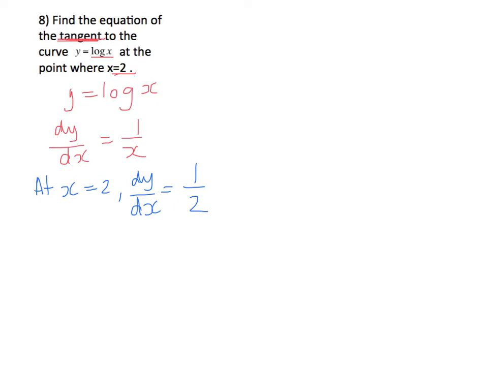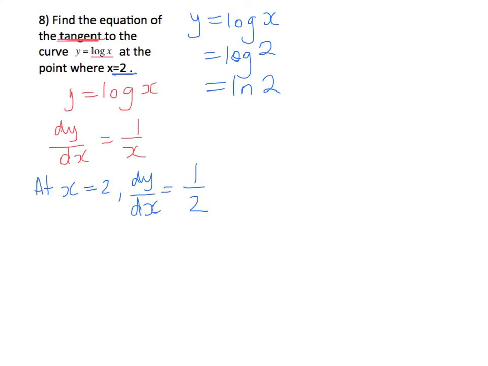And so we've got our gradient now. We've got our x coordinate. Let's find the y coordinate. There's the equation to find the y coordinate, and remember we've got x equals 2. So our y coordinate is just going to be log 2. We could even write it like this, log 2.